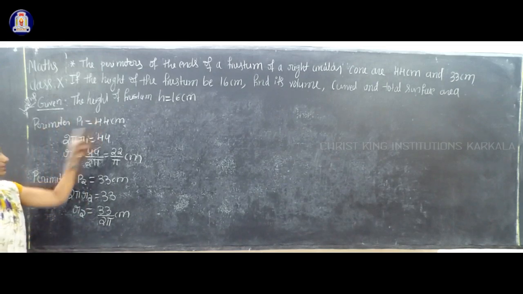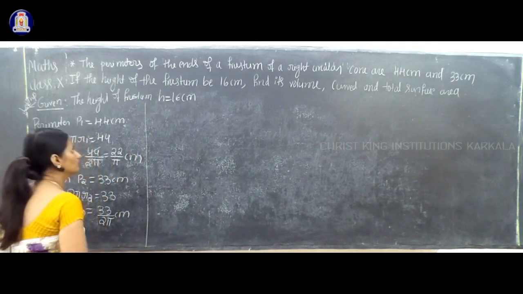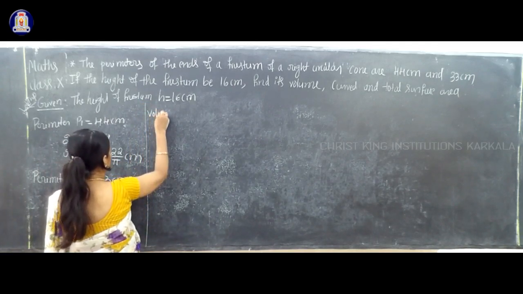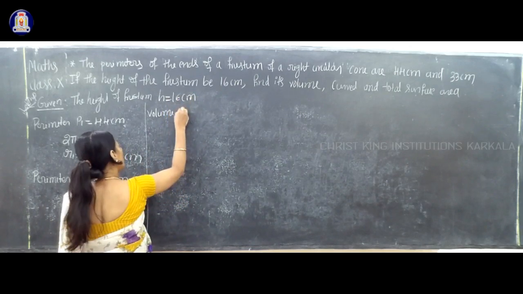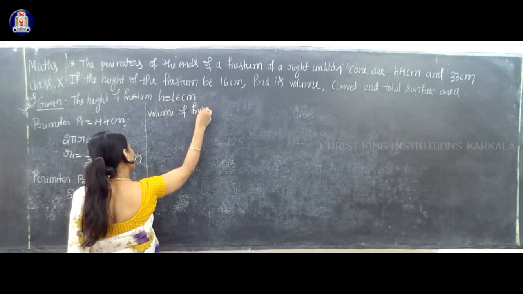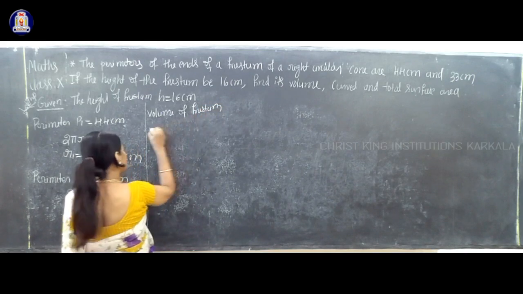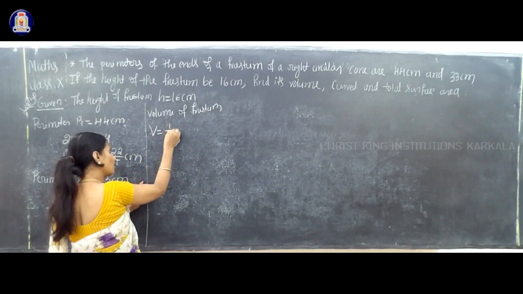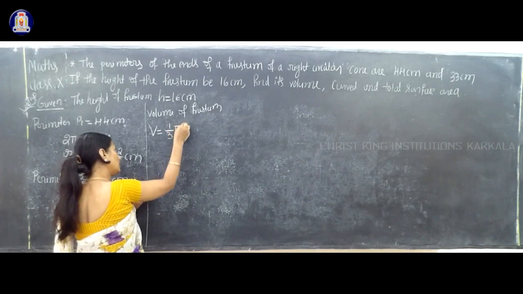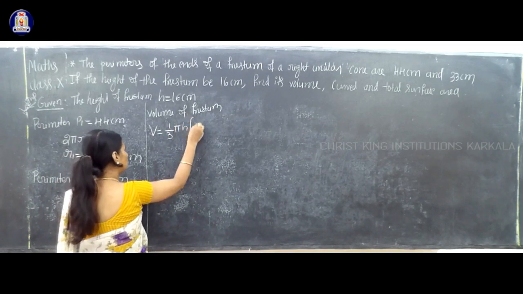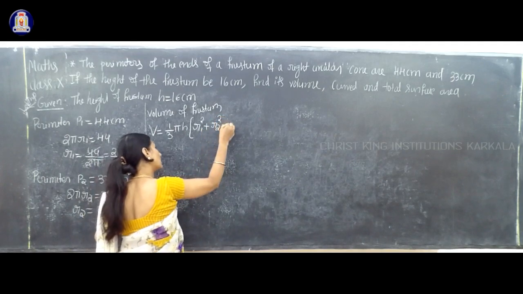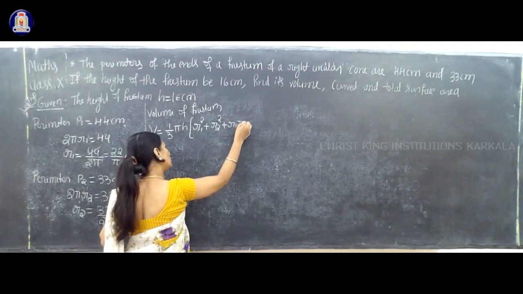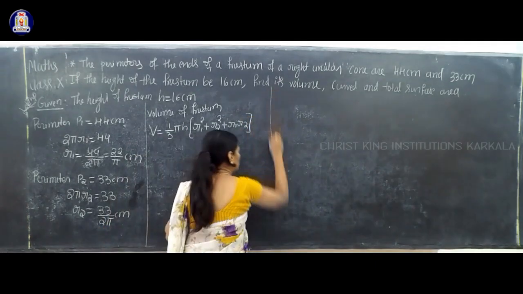So now you got H, you got R1 and R2. So you can use the volume formula. Volume of frustum V is equal to 1 by 3 pi H into R1 square plus R2 square plus R1 into R2.